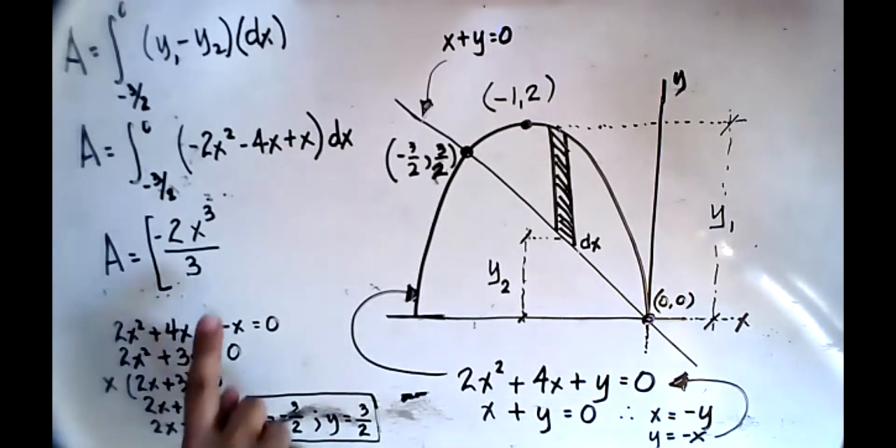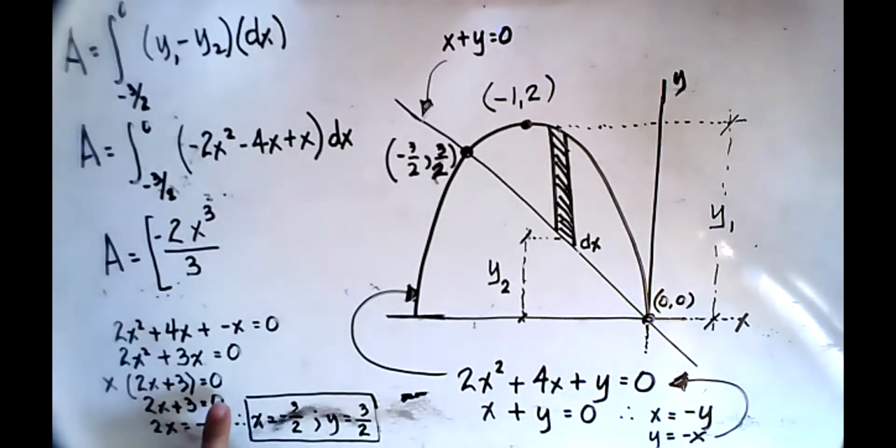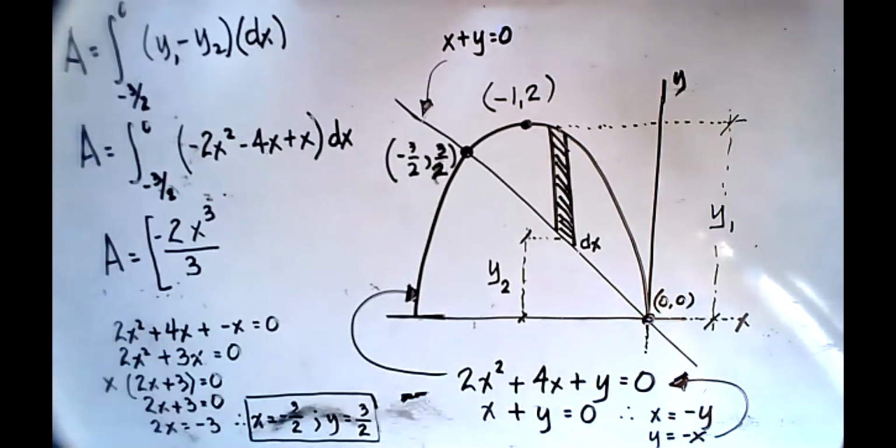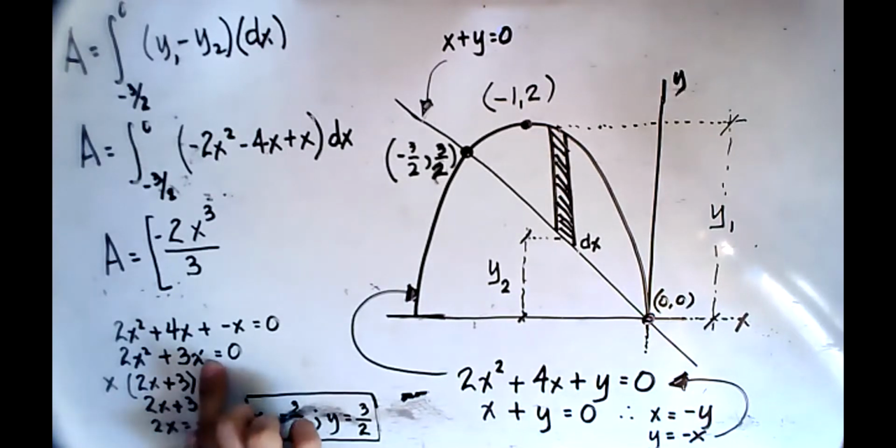If the integral of 2x squared is 2x cubed over 3, what is the integral of 3x? The 4x and this 3x are the same. The integral of 3x is x squared over 2. 3? 3x squared over 2.